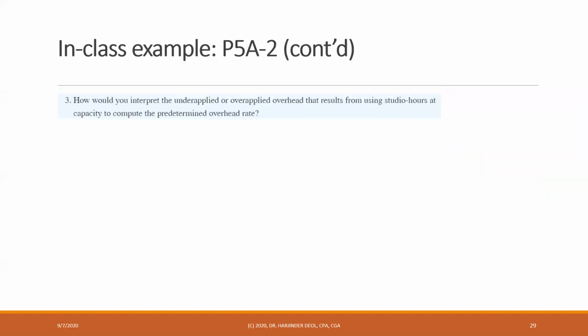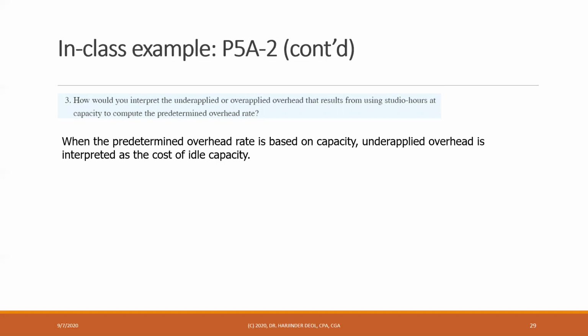The third part to this question: how would you interpret the under-applied or over-applied overhead that results from using studio hours at capacity to calculate the predetermined overhead rate? The way this is interpreted, when we use a predetermined overhead rate based on capacity, any under-applied overhead is seen as the cost of idle capacity.